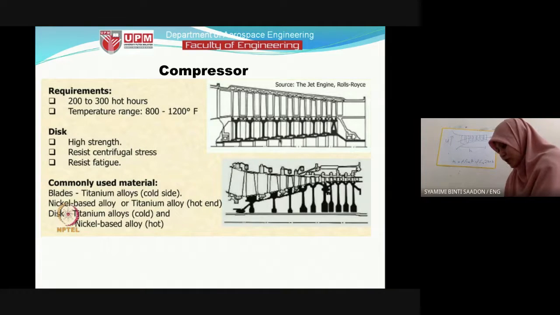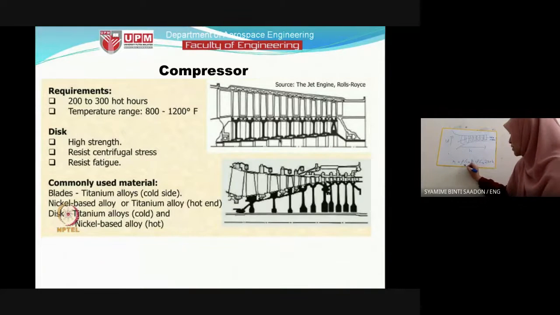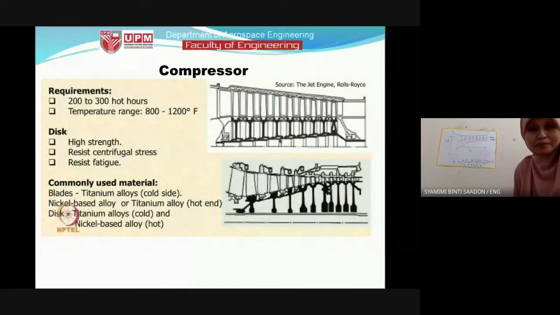So what do we get? We get equals to 8.57 kilogram per second. So this is the mass flow rate.